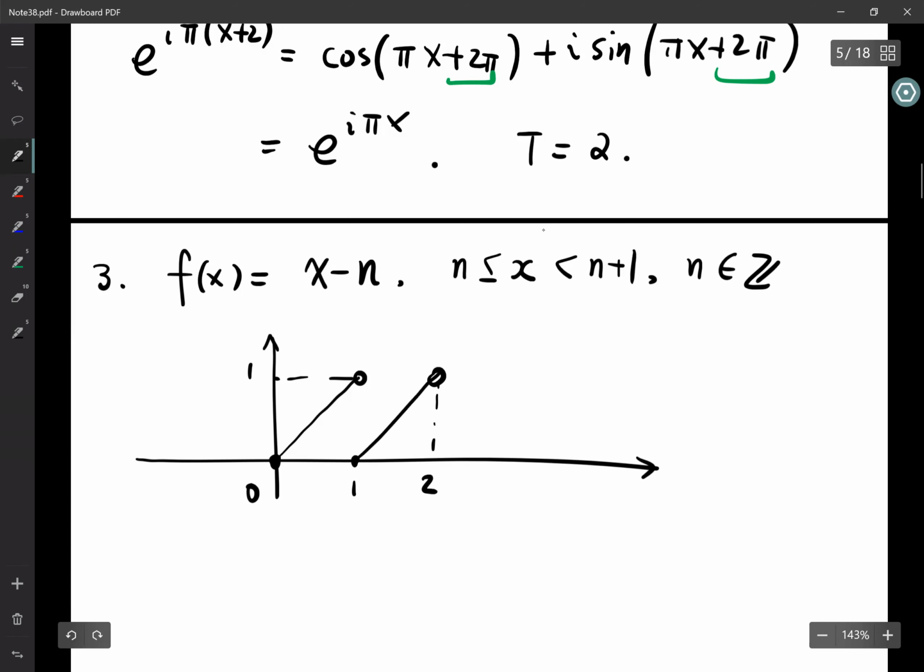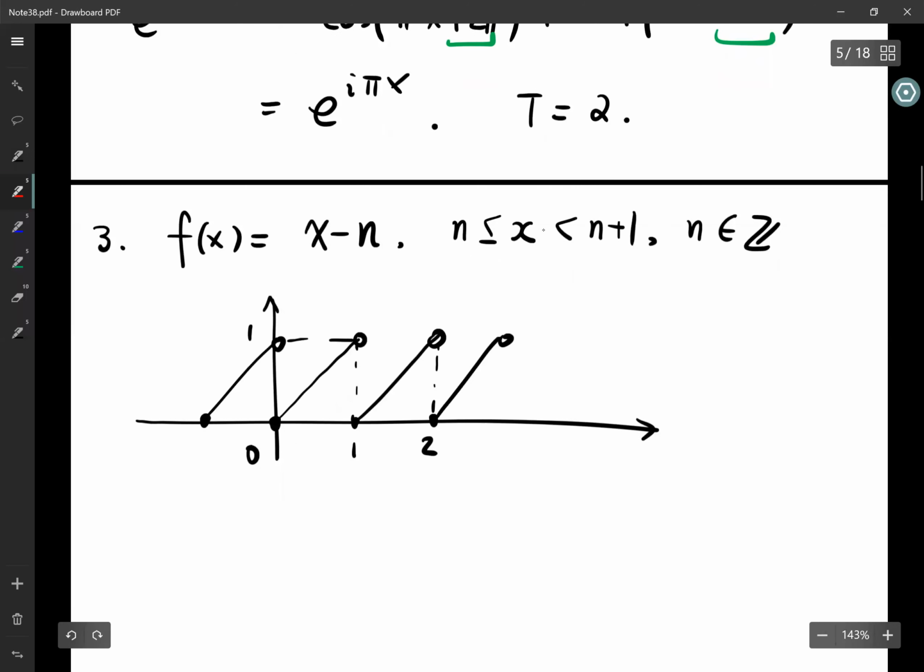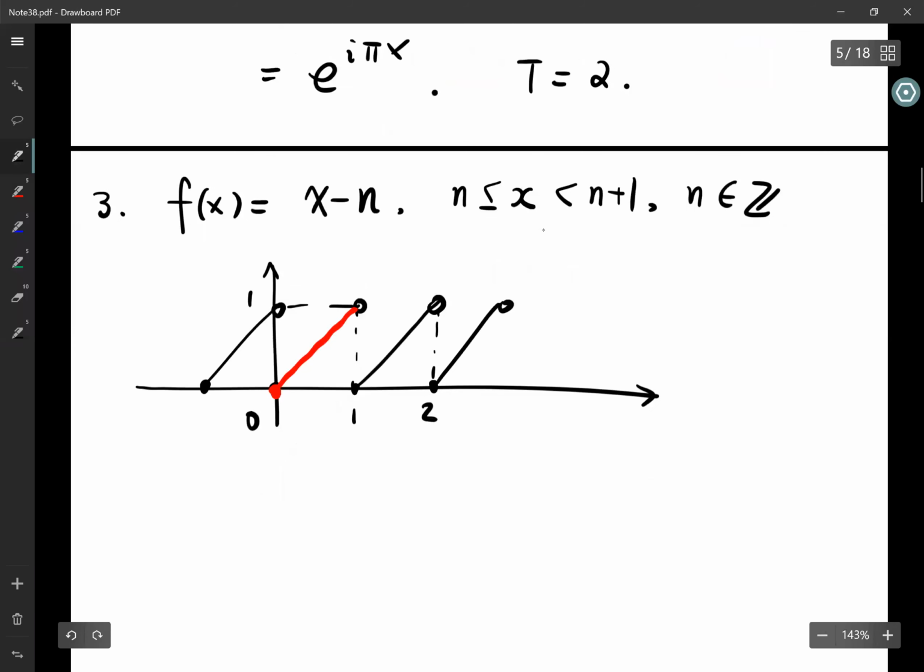Similarly for 2, it goes back again. And for minus 1, the story is exactly the same. So you can see that this is obviously a periodic function, because you can check that for any point, if I just plus 1 or minus 1, this is exactly the same. So T, the period, is 1. Any question?